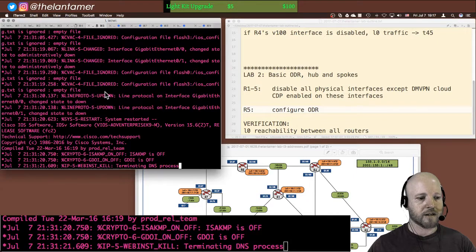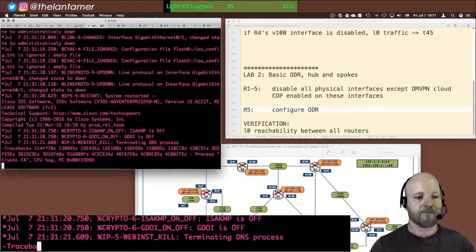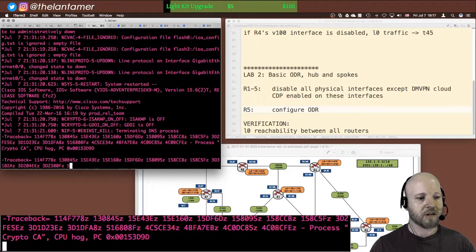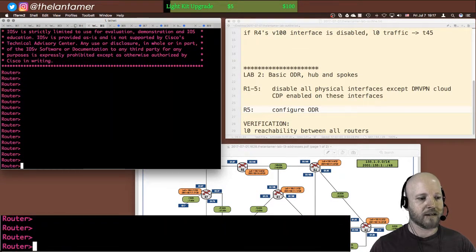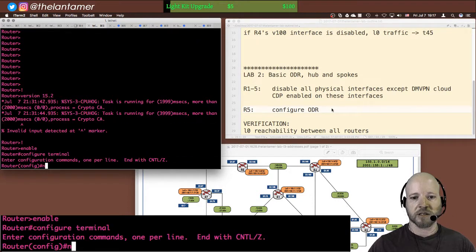They always whine when they first boot up. CPU hog, this and that. Just boot up, router. Let's get going.